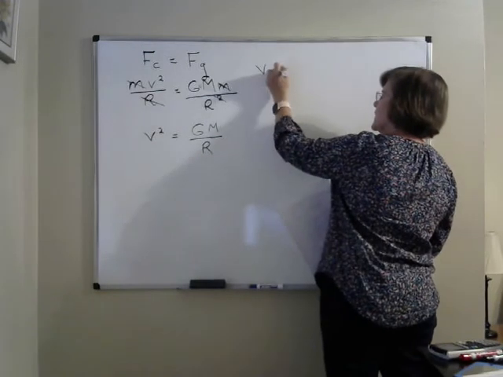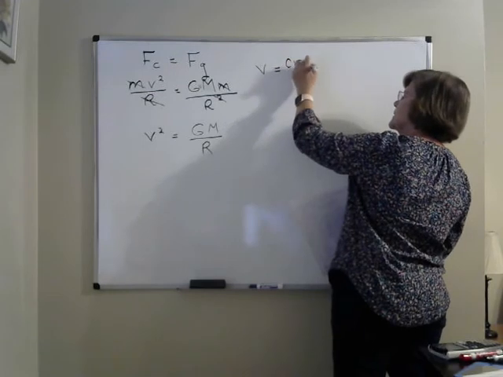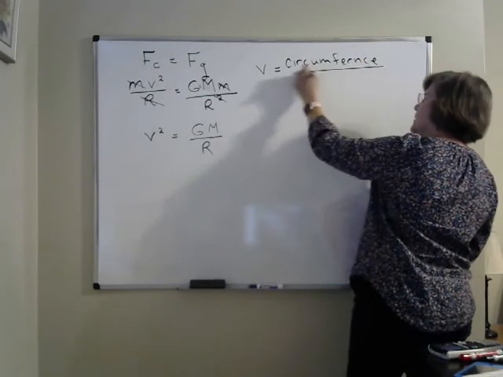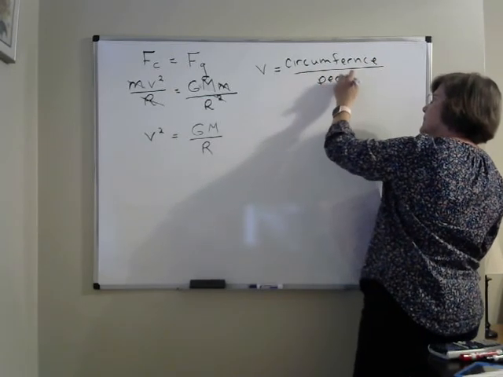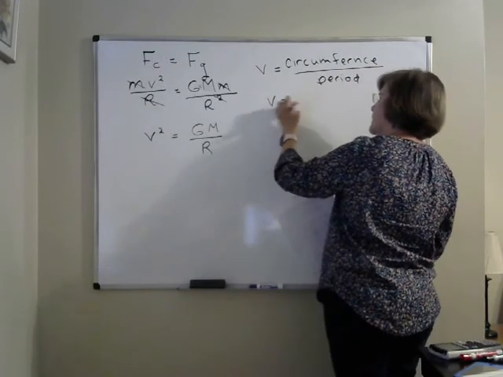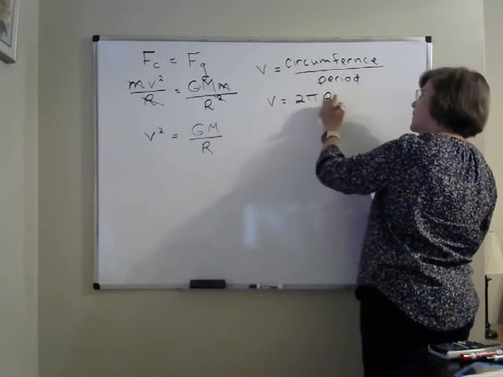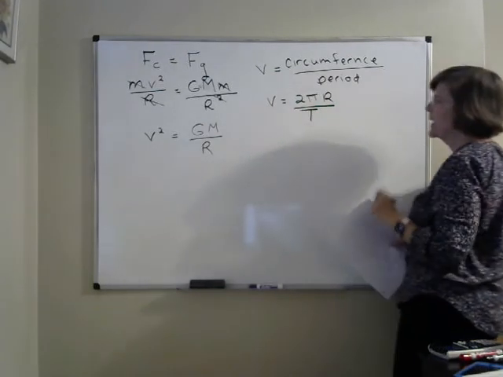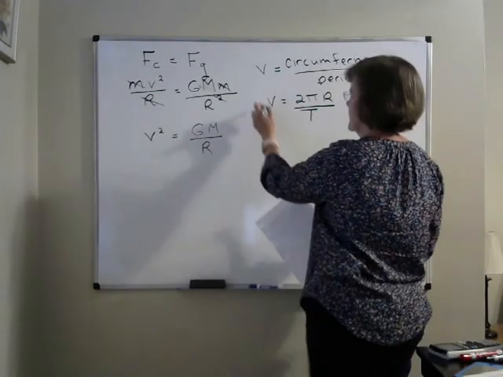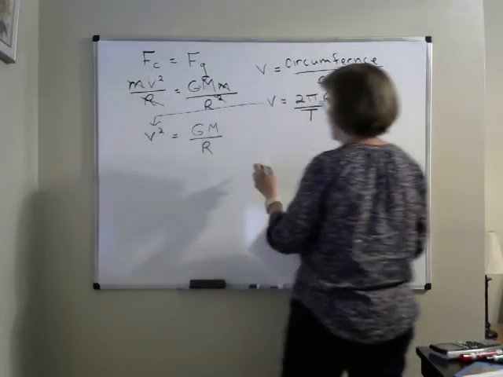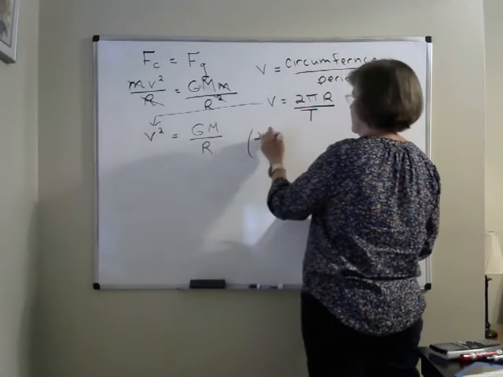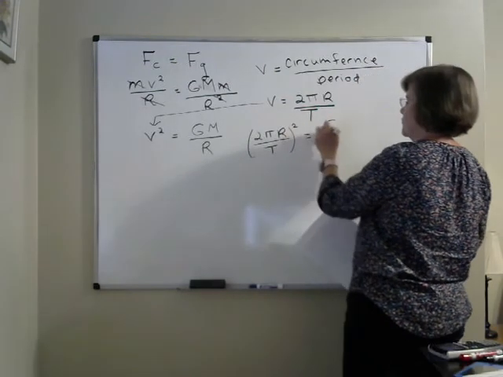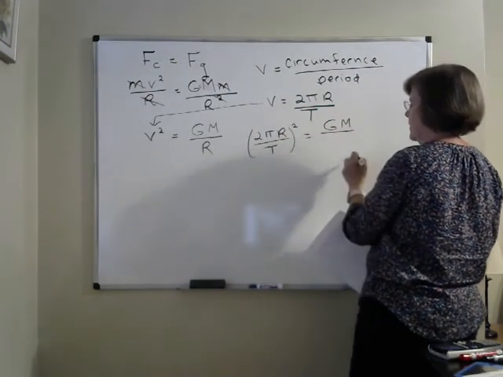It was its circumference divided by its period, or 2 pi r over T. Let's put that in here. 2 pi r over T, squared, equals GM over r.